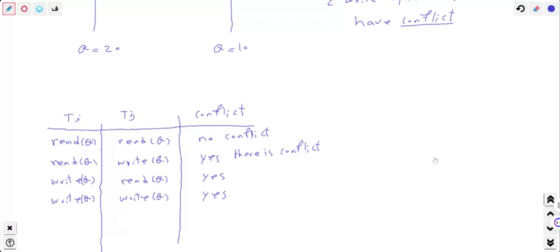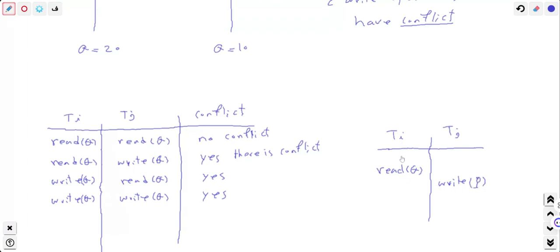Also note that if two transactions work with different data items, for example, suppose Ti reads Q and Tj writes P, a different data item.